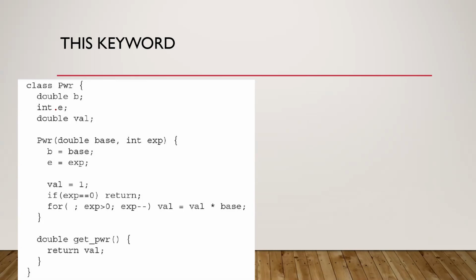Or the other way around. So it is the base. So you can actually do 2.5 to the power 2. Okay, so the base can be a double, and the exponent is an integer. And you will return the result in val.